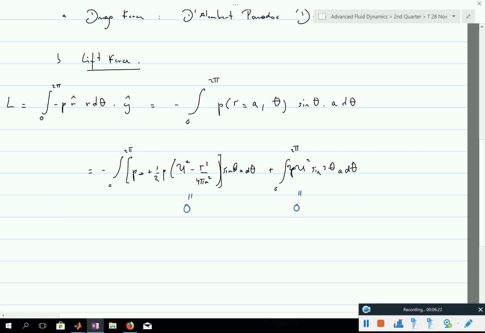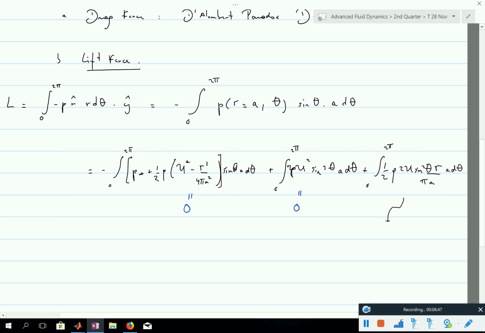And then finally the last term, plus the integral between 0 and 2π of 1/2 · 2ρ · ρ times 2U sin²θ Γ divided by πA dθ.